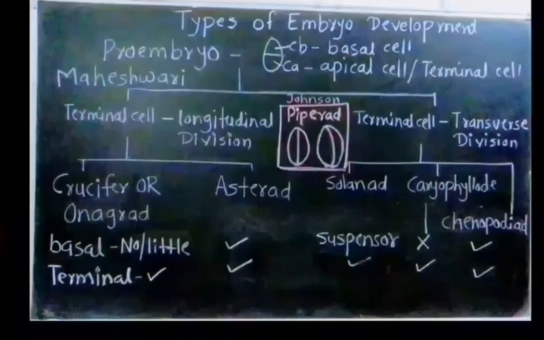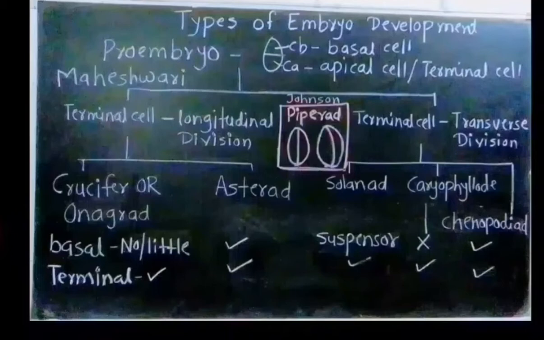Then the second criterion is how the basal cell behaves. In the crucifer type, the basal cell has no role or a very little role in the further development of the embryo.